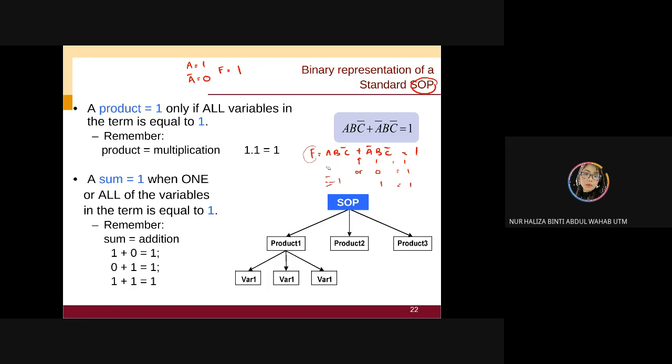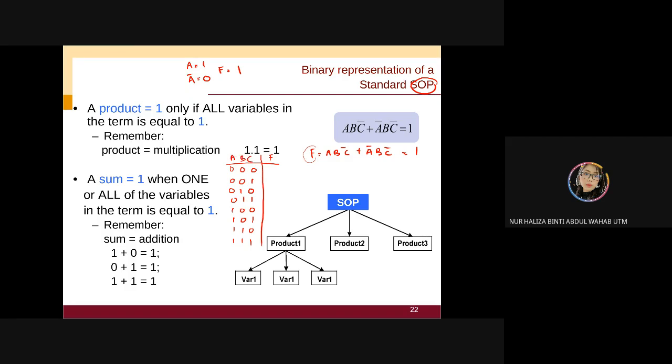Now let's take a look how to justify this. Let me draw the truth table so you can see how you can relate it. I have all 8 possibilities. This is my F, this is my A, B, C.